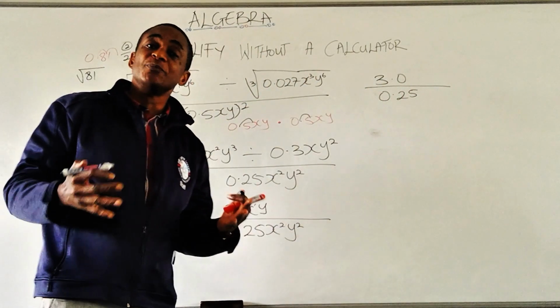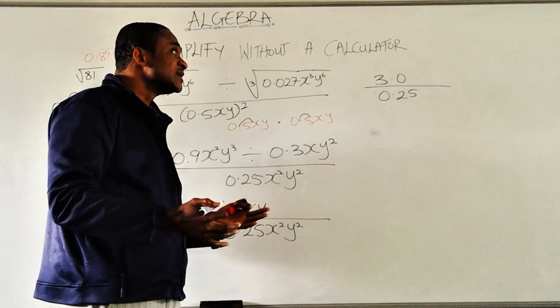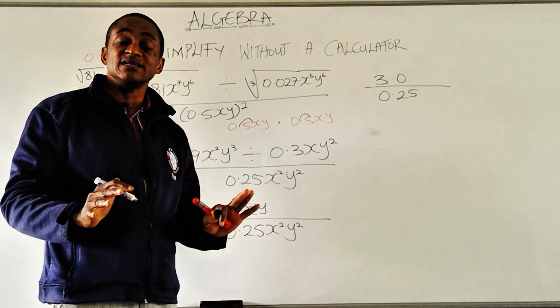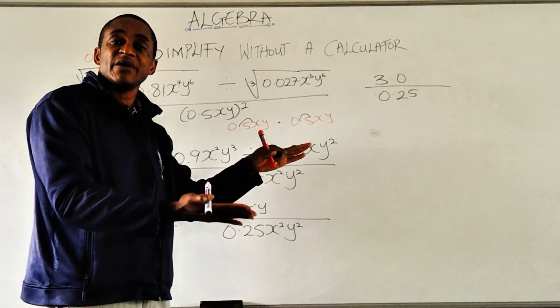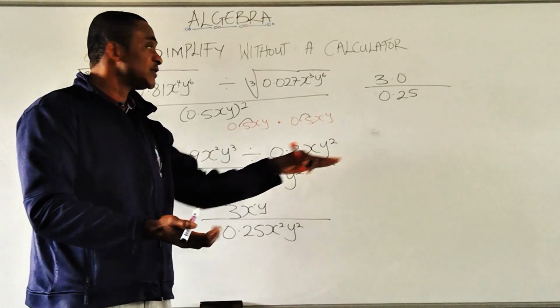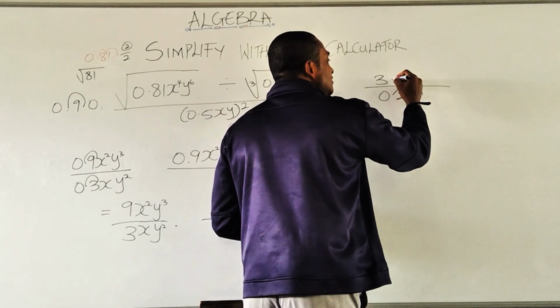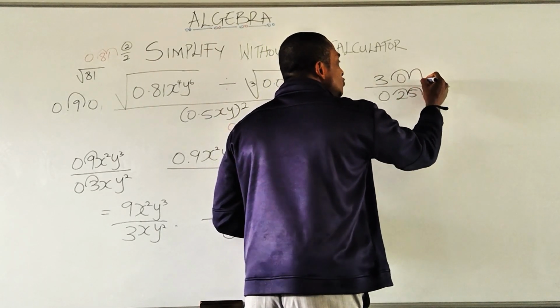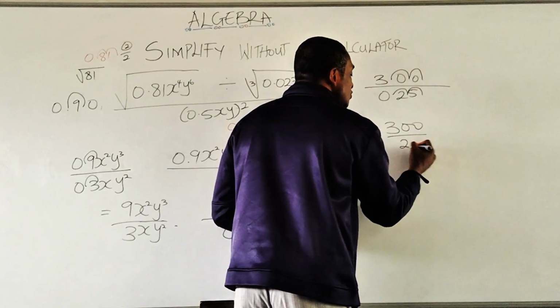The idea is to make both of them whole numbers. And once they have whole numbers, I will not have to put back anything, so long as my movement is evenly distributed between the numerator and the denominator. So here, to make this a whole number, I have to move it 2 times. That means I also have to make 2 movements here. So this becomes 300 over 25.